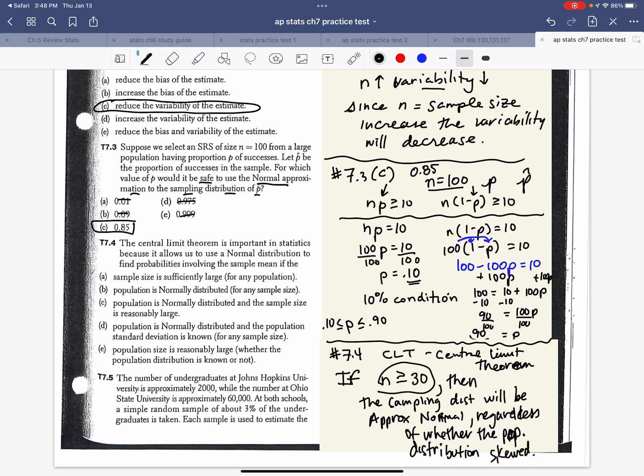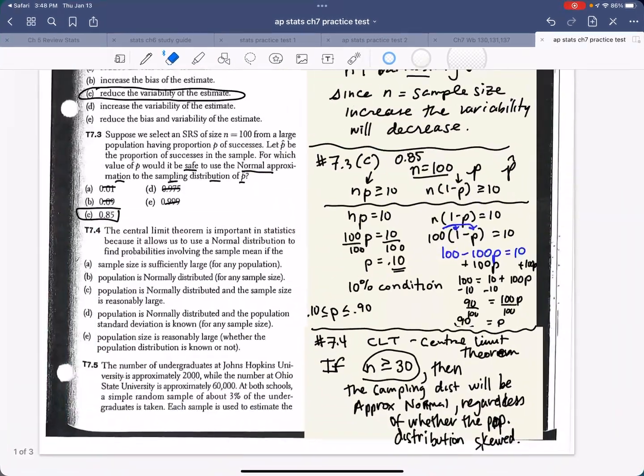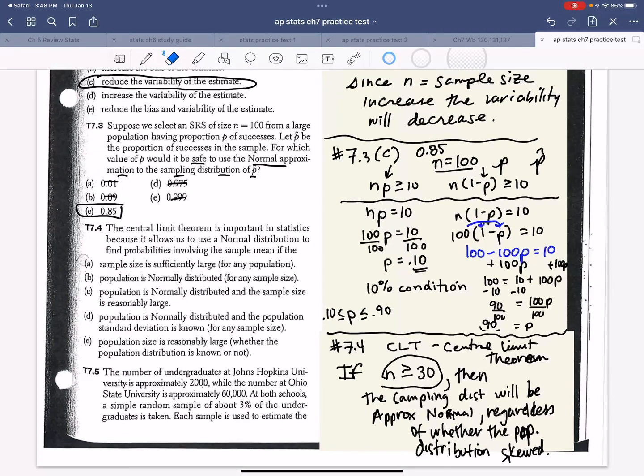Okay, so which choice matches with that? That matches with A. My sample size is sufficiently large for any population of any size.